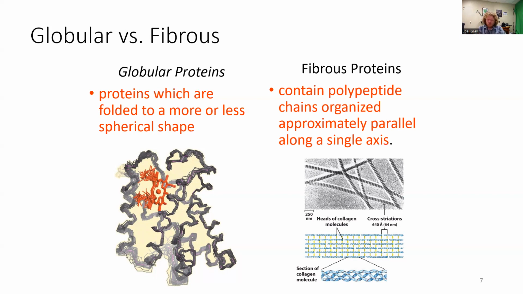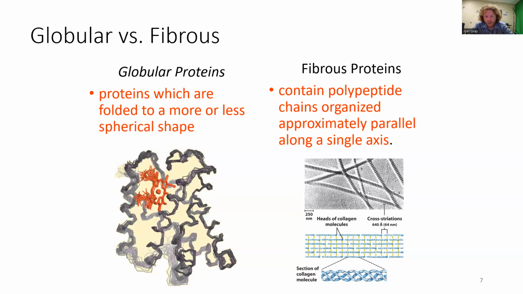So proteins that have a kind of rigid shape like such, this would be an example of a fibrous protein. And I think that this representation is helpful. This piece of paper is helpful because it shows that this fibrous protein has structural integrity to it. It's not going to really bend or anything like that.